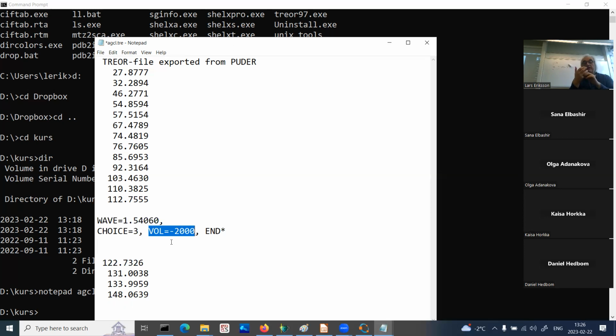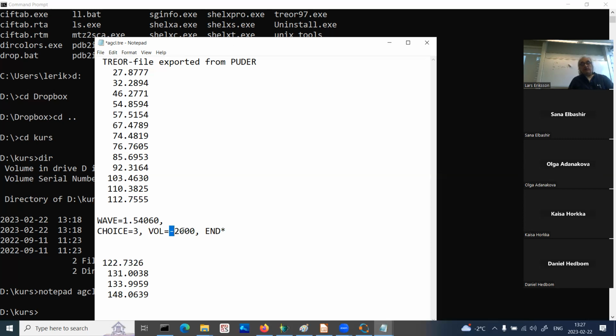But with volume a negative value, the negative sign is a shorthand instructing TREOR to test all different symmetries. If it finds a solution, then it stops. But if not, then it will continue and also start with the triclinic version, which will take some time, but only a matter of minutes or so.